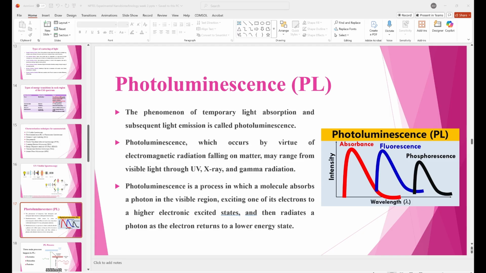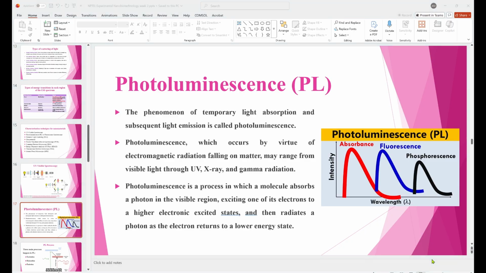I think you have studied what this shift is called. It is called a Stokes shift. The excitation maxima and the emission maxima are slightly shifted. That difference in the peak is called Stokes shift.